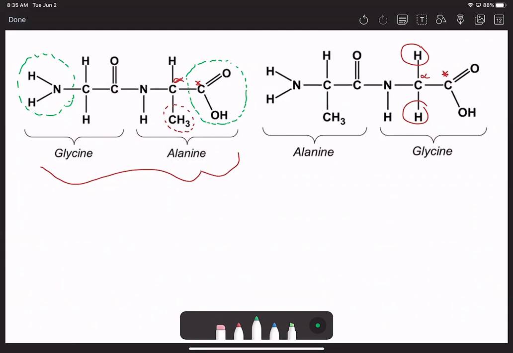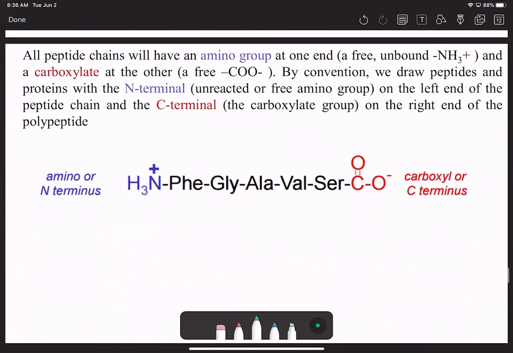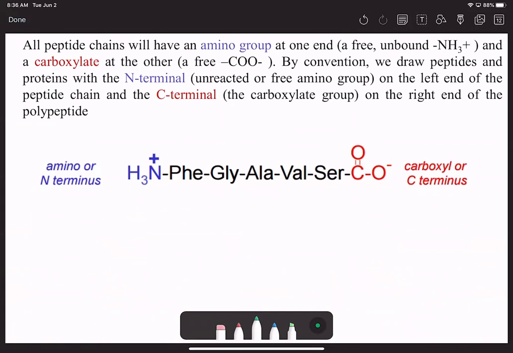So we end up calling this one the C terminus, and this one the N terminus. So we have what's called the carboxyl or C terminus, and the amino group, the N-terminus.